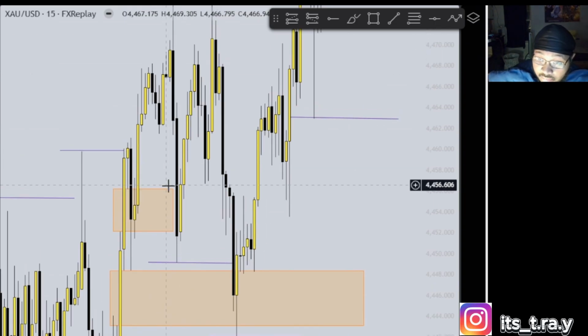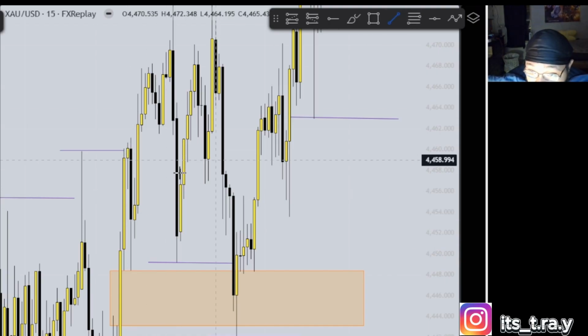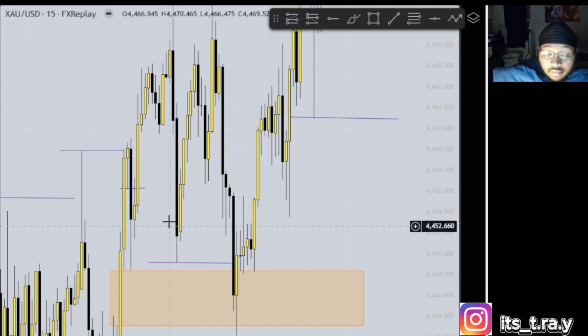So I'm gonna show y'all an example of what is not a fair value gap. You have candle 1, candle 2, candle 3. As y'all can see, this wick overlaps with the third candle's wick, therefore not leaving a space. So in this instance, that's not a fair value gap.